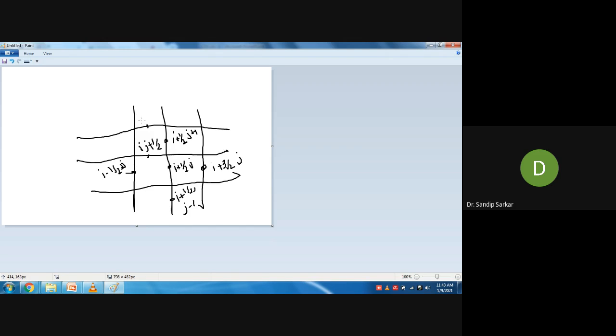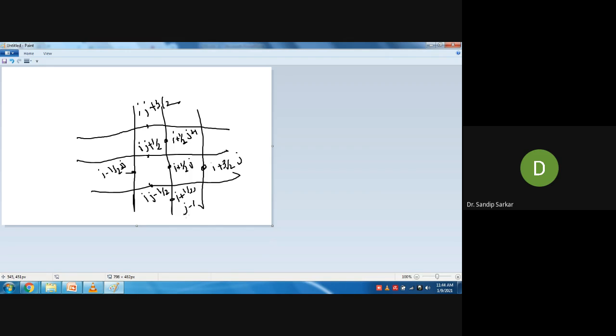This point is (i, j plus 3 by 2), right? And this point is (i, j minus half).